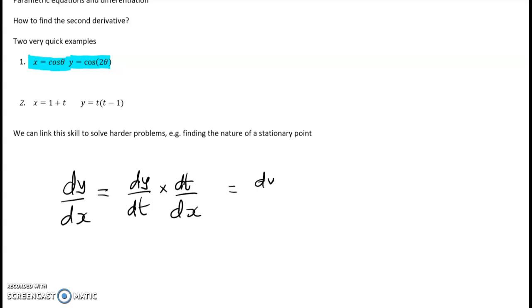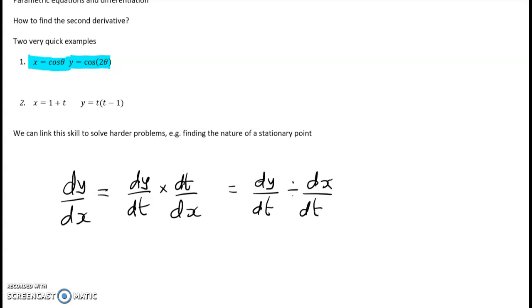We know from parametric differentiation that if we want to find dy by dx, that's going to be equal to dy by dt times dt by dx, which is the same as dy by dt divided by dx by dt.